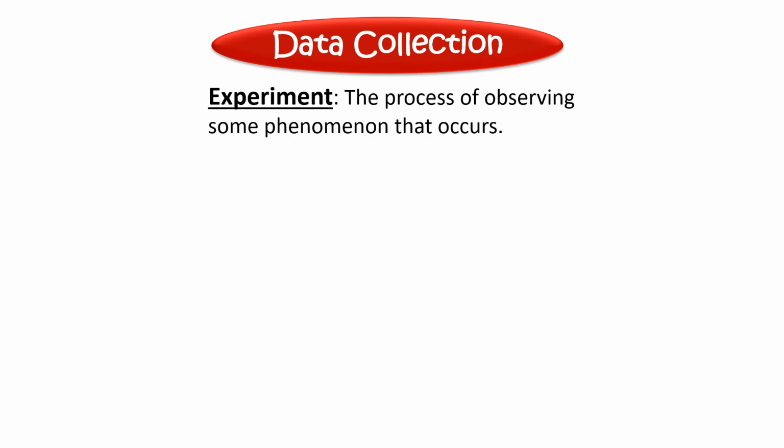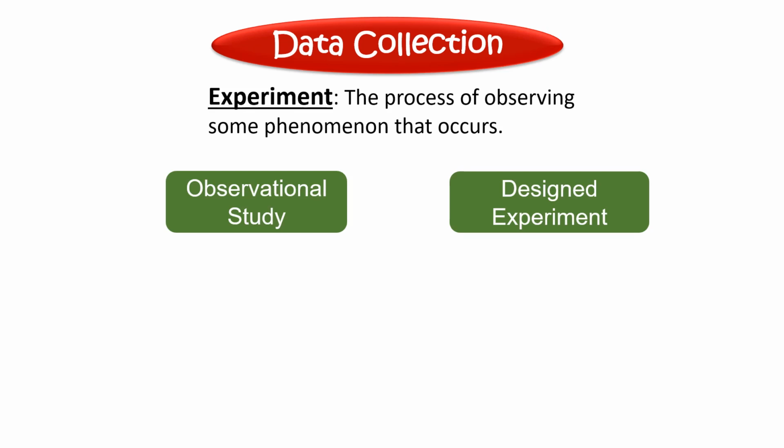The other thing that we look at is data collection. We define what an experiment is, which is just the process of observing some phenomenon that occurs. There are two types that we can use to collect our data. The first one is the observational study.